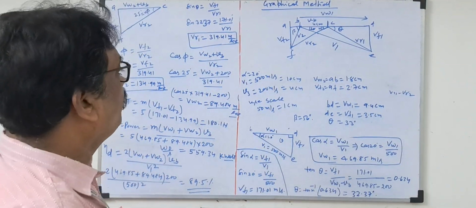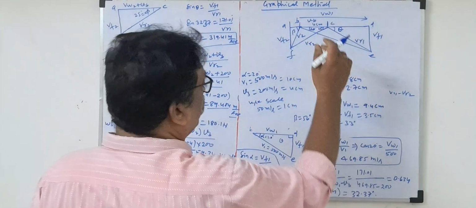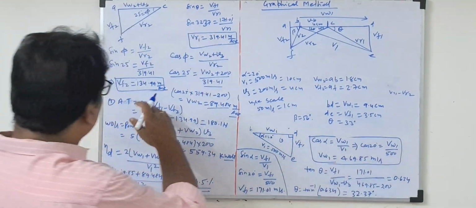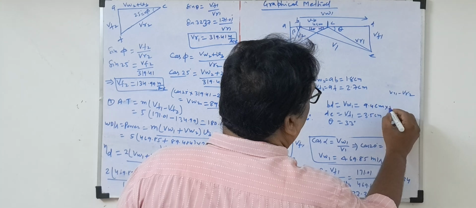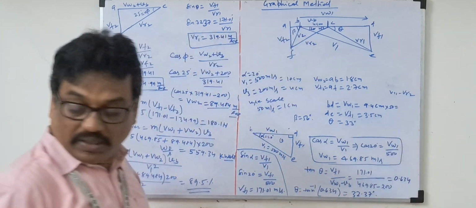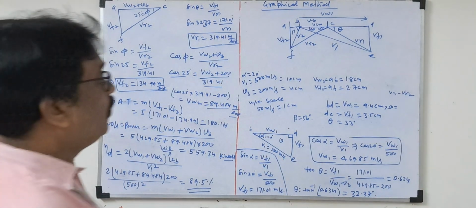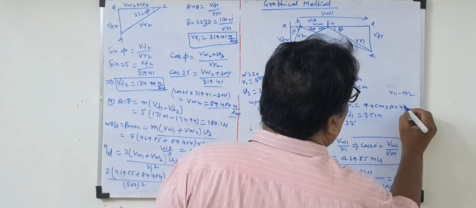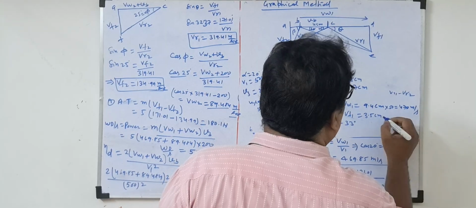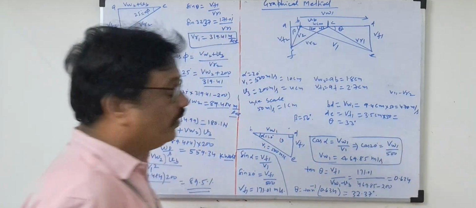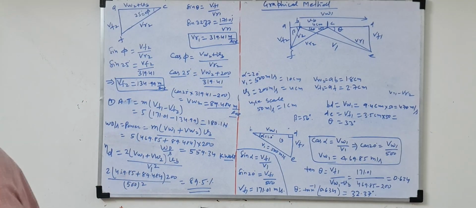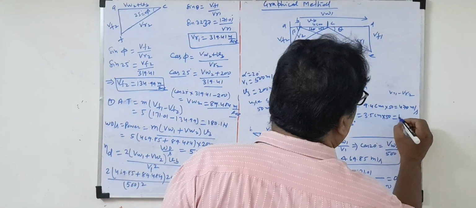So we draw the graphical method, the velocity diagram. Now the same formula we have to substitute. But what is the VW1 here? 9.4 into 50, that is 470 meter per second. VF1, 3.5 centimeter into 50, that is 175 meter per second.